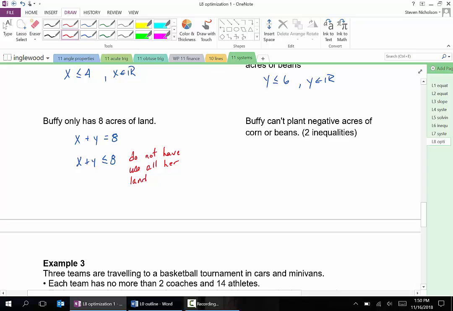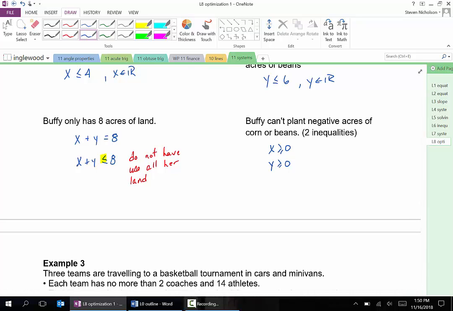So that's why it's important to have that less than. Maybe she wants 1 acre not in use. And then the other thing we have to notice is there's no such thing as negative acres. So X has to be greater than or equal to 0, and Y has to be greater than or equal to 0.